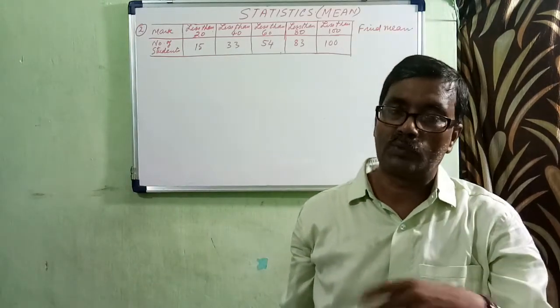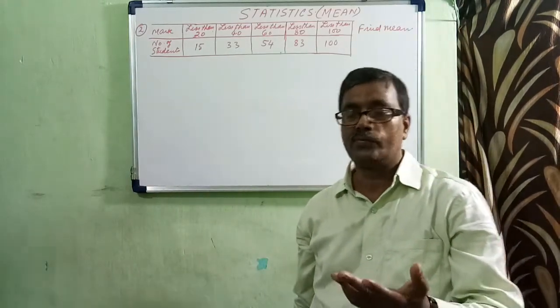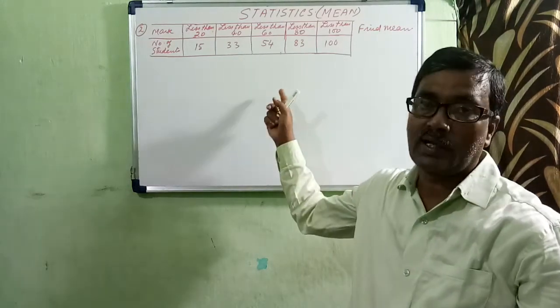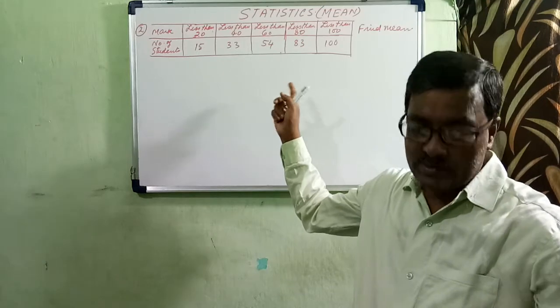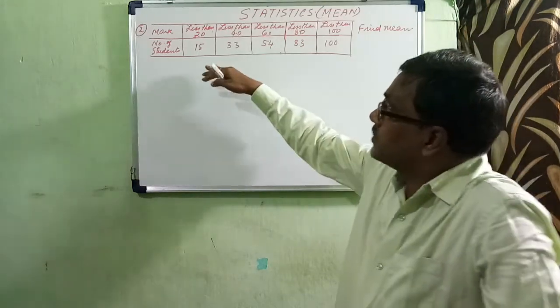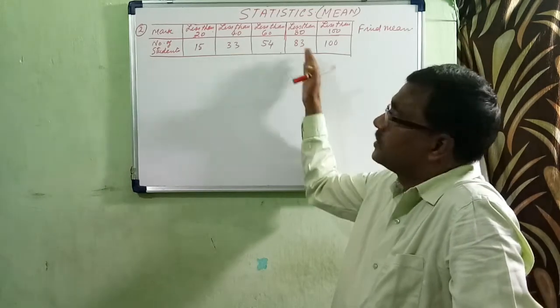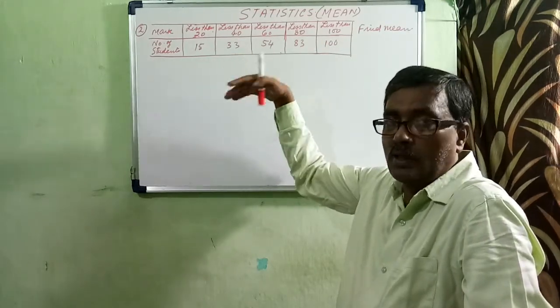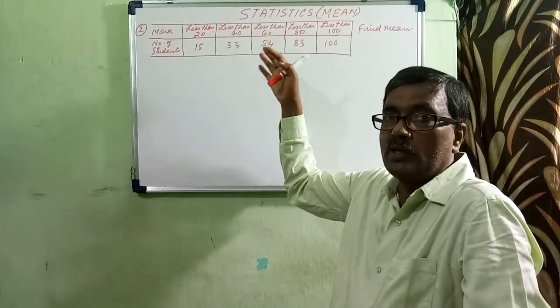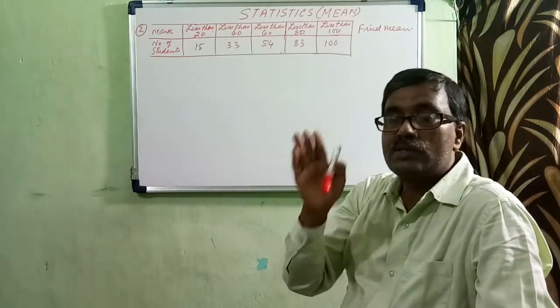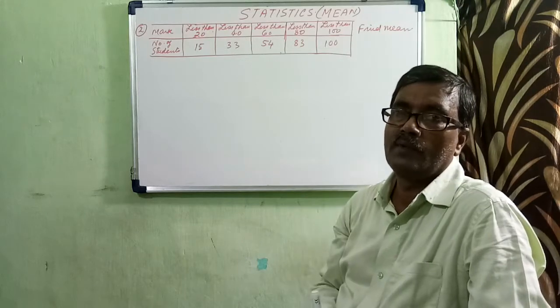In this class you have to study the graph, ogive, how to draw the ogive on the basis of these two kinds. That we will discuss later on, but try to understand how to convert the less than series and more than series. Another question also I will discuss about more than series. First let us see how to convert into the simplest frequency distribution table.